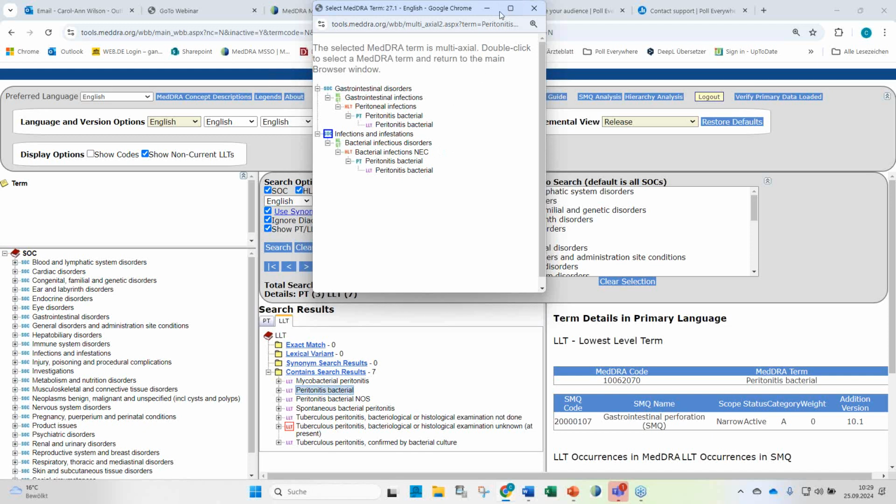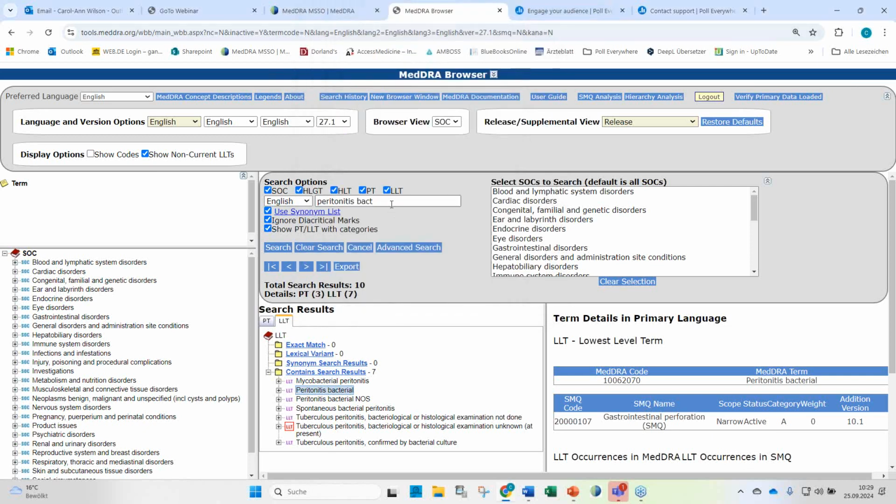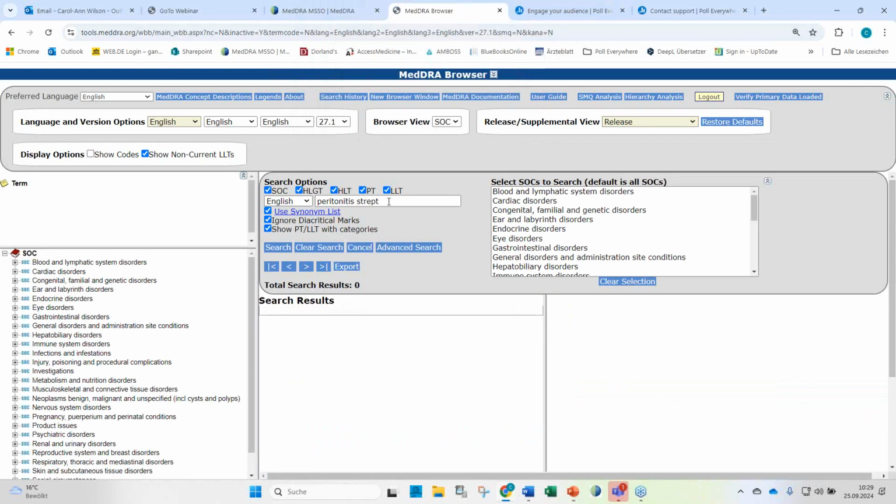This would be the most specific term that we can find, because there is no term that would cover the streptococcus information. So we would have to generalize this information and assign peritonitis bacterial. What about the alpha-hemolytic information?